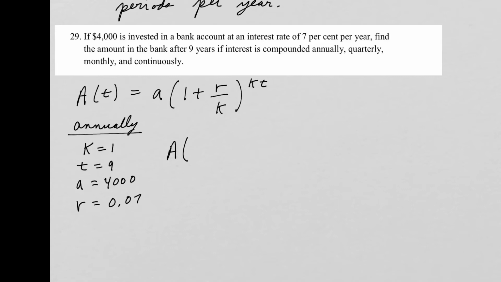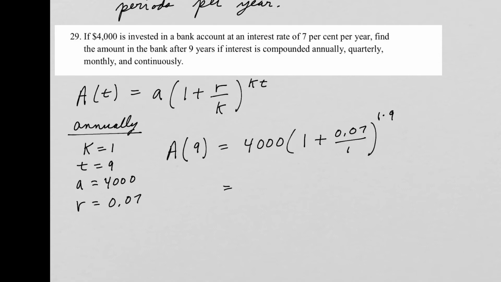So I have A of 9 is equal to 4,000 times (1 plus 0.07 over 1), and then it's going to be 1 times 9.